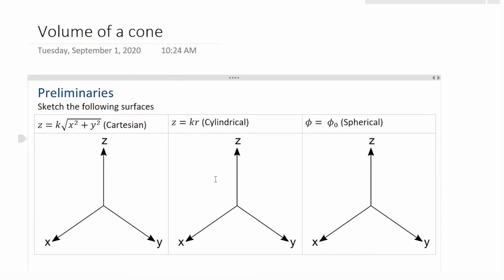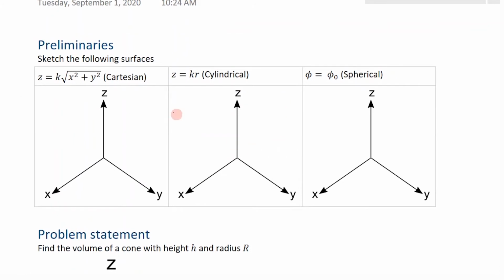But before we do that, let's sketch these equations, which all turned out to be cones. So for this one, what this guy is saying is that z divided by the distance from the z-axis is equal to a constant k. Or in other words, z equals some constant times distance from the z-axis.